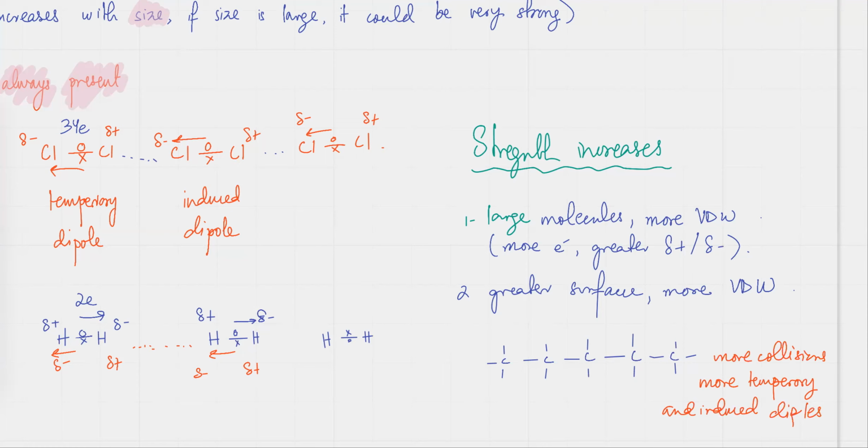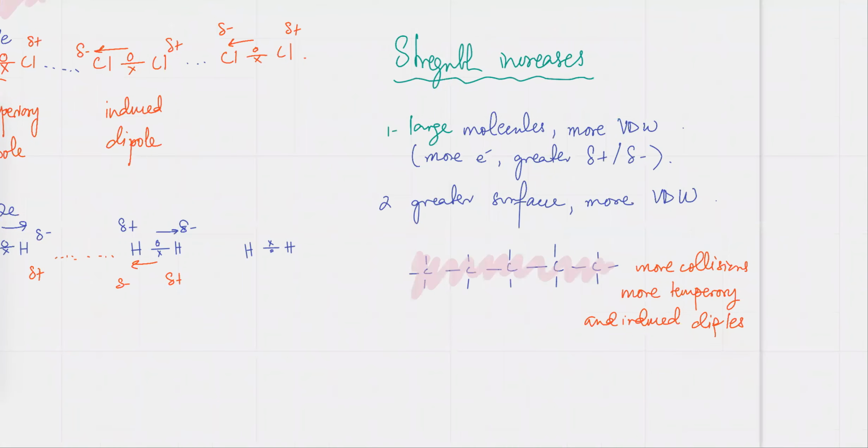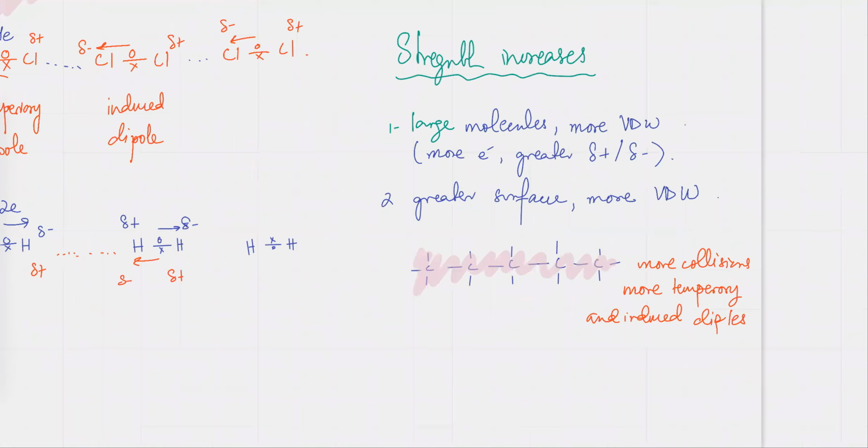So if you have a bigger molecule, the electrons are more spread over a much bigger area. The same molecule could have a lesser surface area if the molecule shape was different. I mean, the size would be the same, except that the molecule is not that spread out.